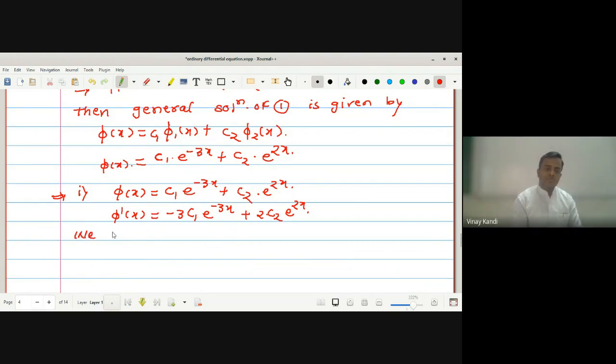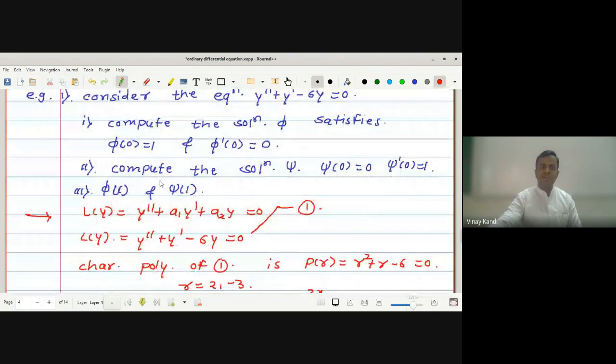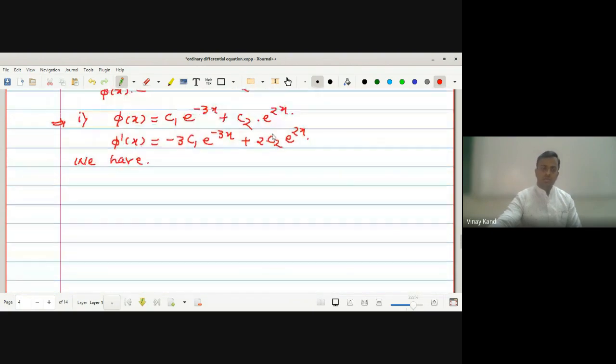Okay, we have phi of 0 is equal to 1 and phi dash of 0 is equal to 0. So put here x equal to 0 and calculate phi of 0. What we have then?